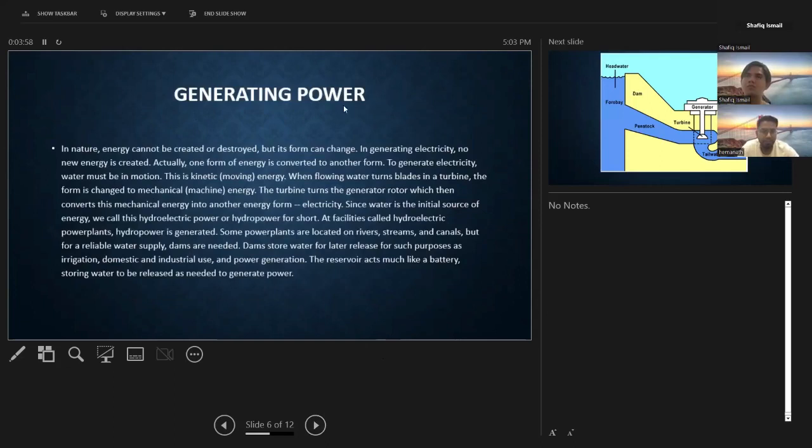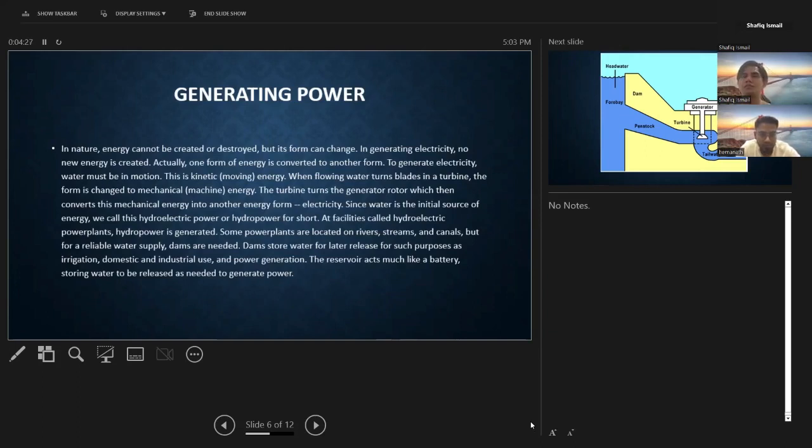So next, generation power. The energy in nature cannot be created or destroyed, but it can change form. Generating electricity is not new. One form of energy is changed into another form to generate electricity, water in motion.